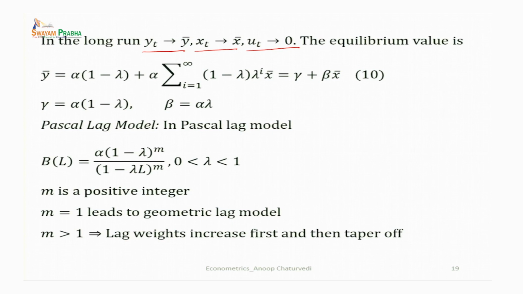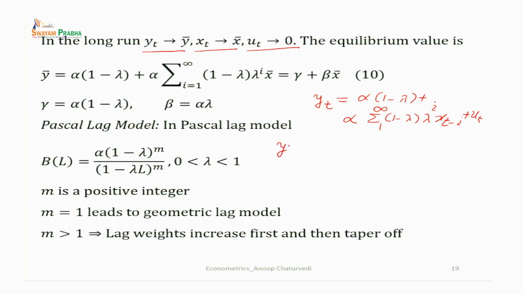So, the equilibrium value is, say we take in the model y t equal to alpha into (1 minus lambda) plus alpha into summation i equal to 1 to infinity (1 minus lambda) lambda to the power i x t minus i plus u t. We take y t tending to y bar.